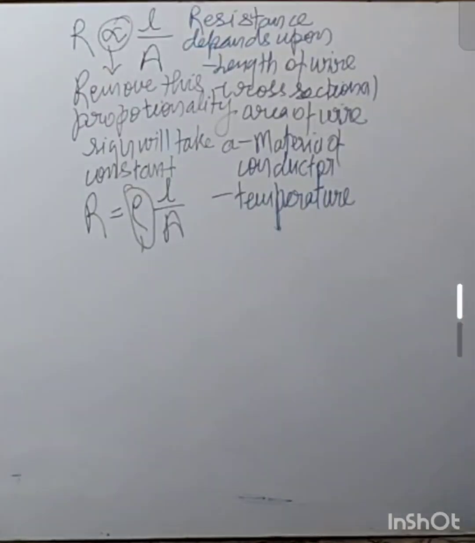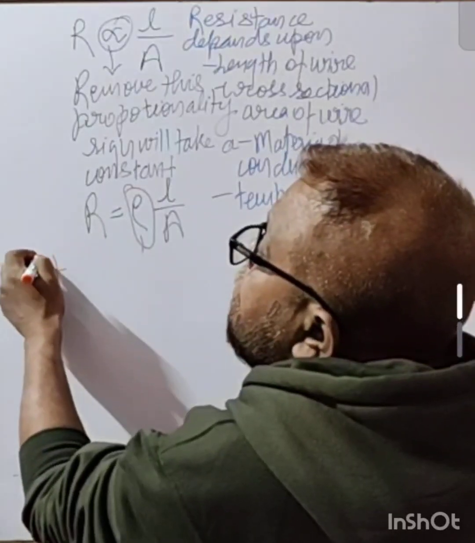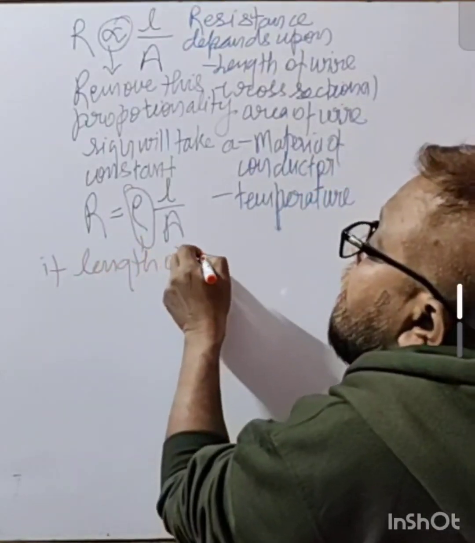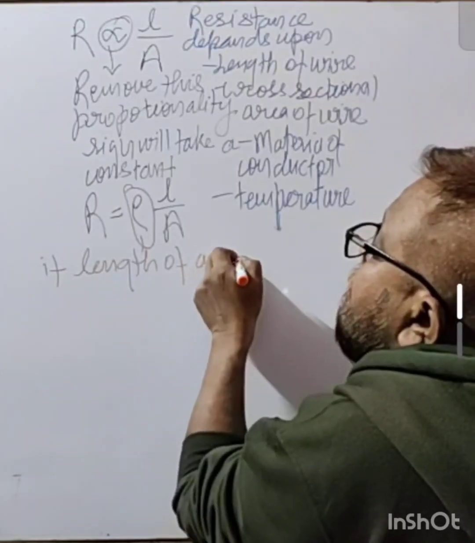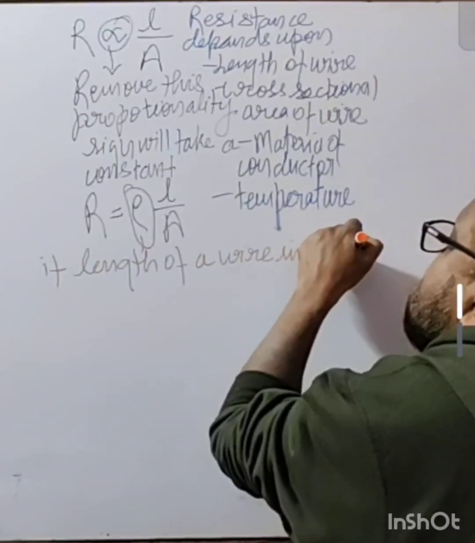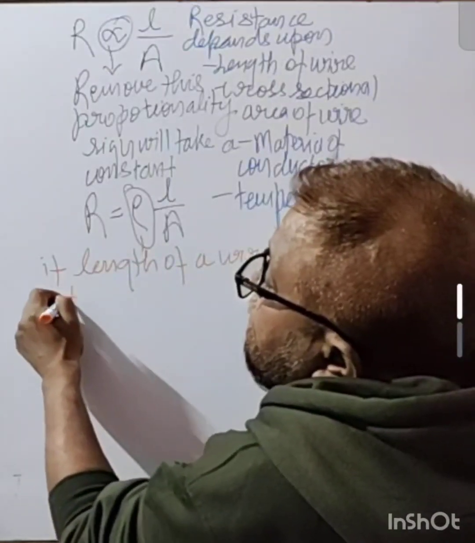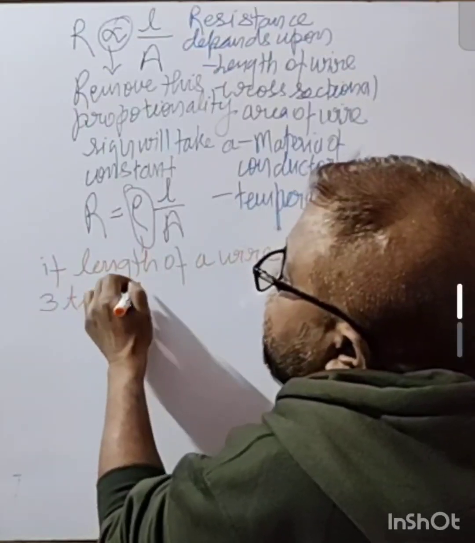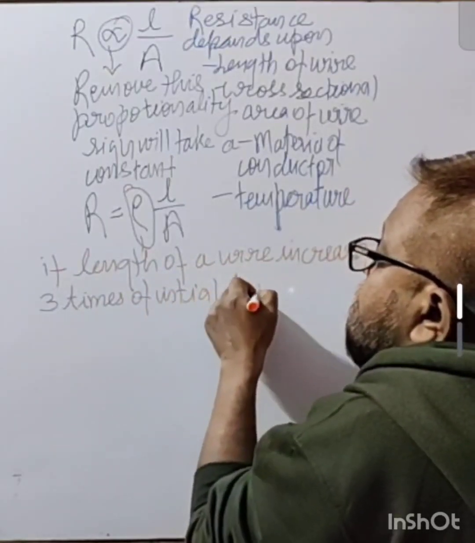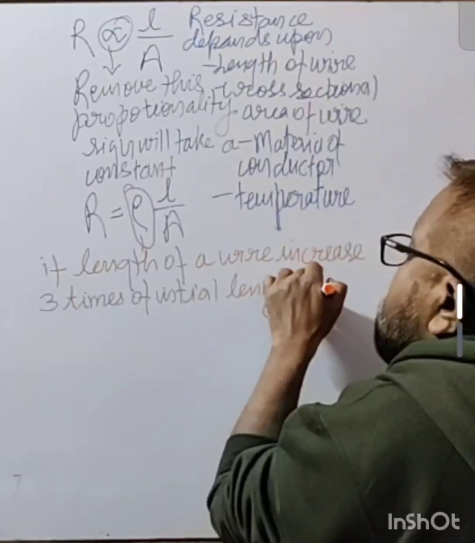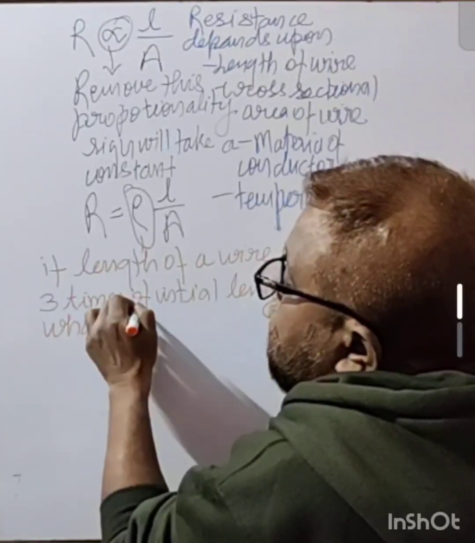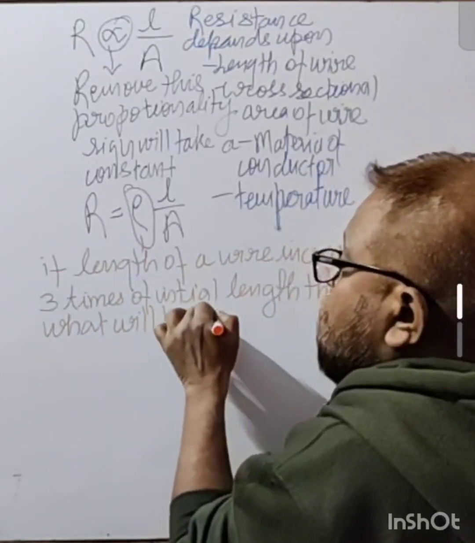Now the question is that if the length of a conductor of a wire increases 3 times of initial length, then what will be the new resistance?